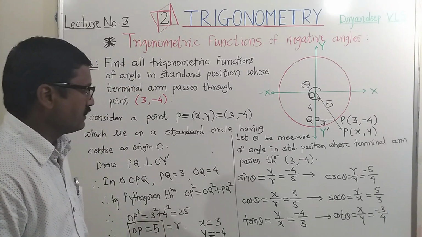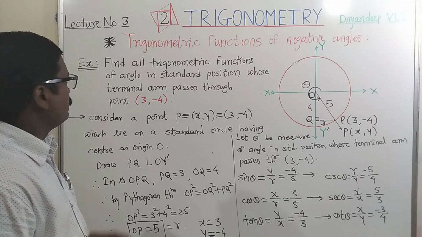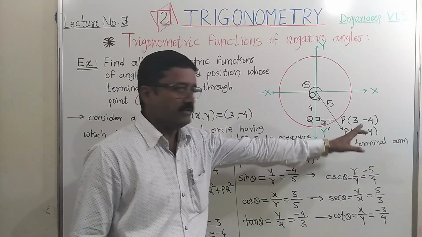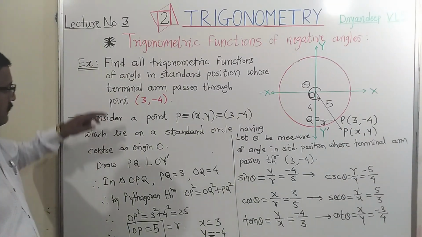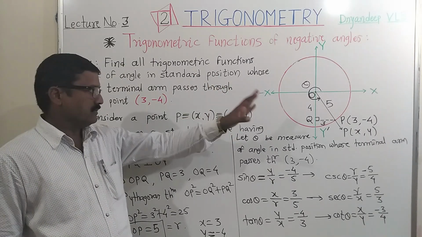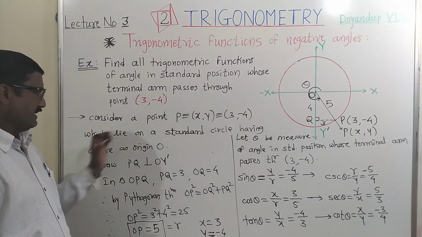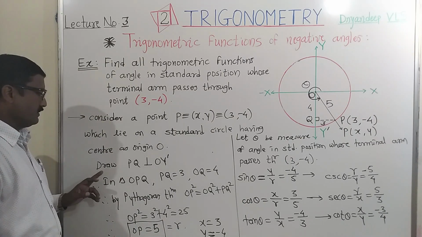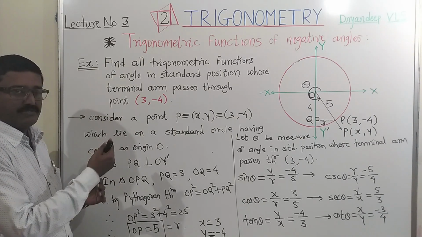So these are the trigonometric functions for the angle in standard position whose terminal arm passes through the point 3, minus 4. So what to do? First, consider the given point P on a standard circle having radius r. Then draw a perpendicular on either the y-axis or x-axis.